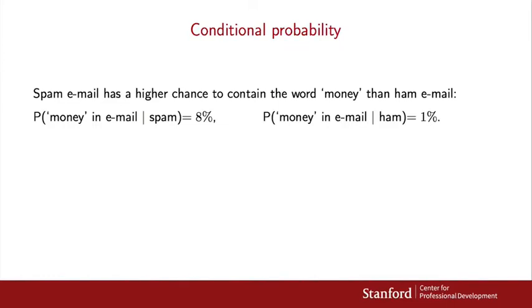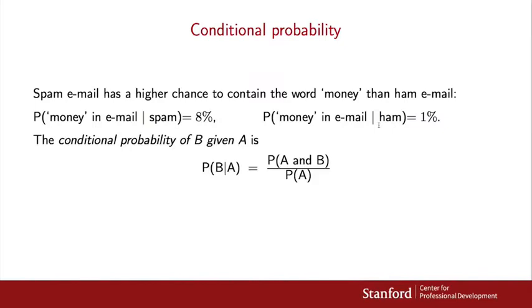And the way we write this is probability of money appears in email given, which is denoted by a vertical line, given that the email is spam is 8%. And the probability that money appears in an email given that the email is ham is only 1%.